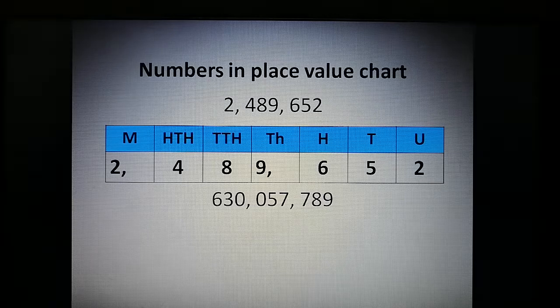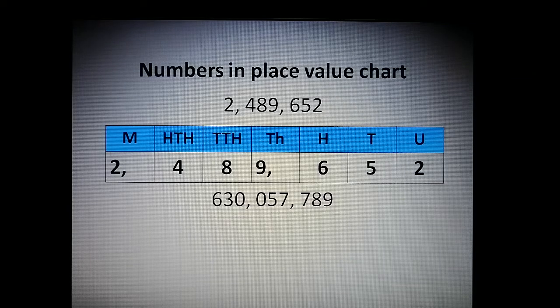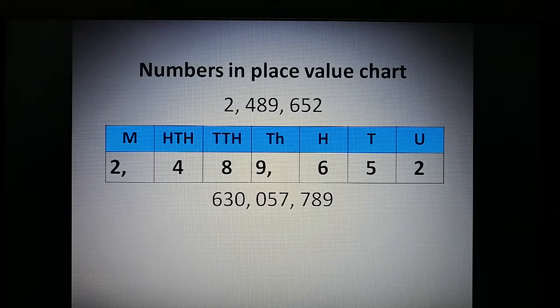Now it is time to write a number in a place value chart. Anyone tell me how many ones we have, how many thousands, how many 10,000s? Let's do it together. A place value chart says how much we have in each place in a very clear way.